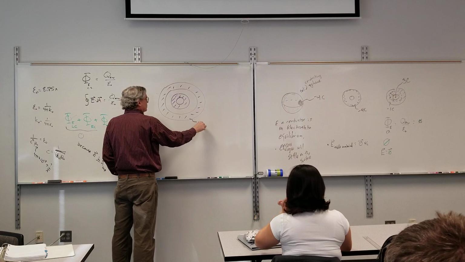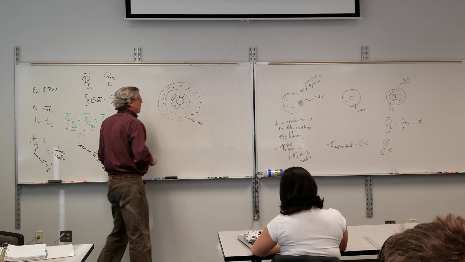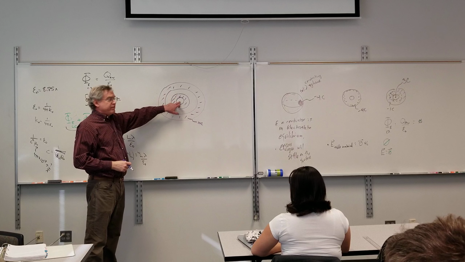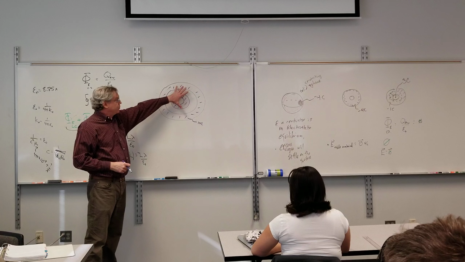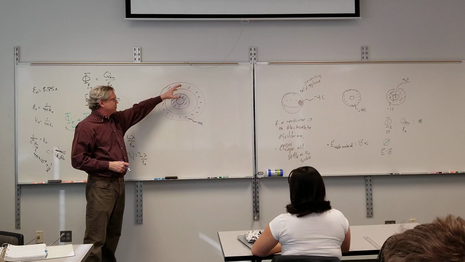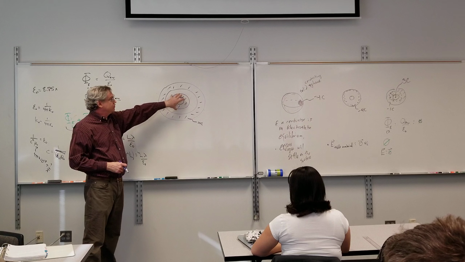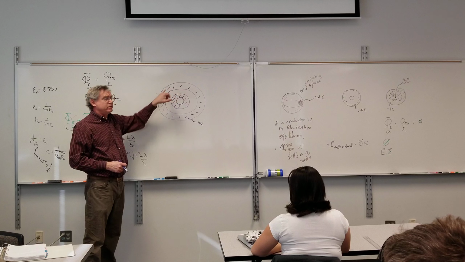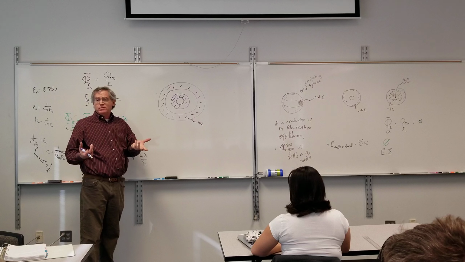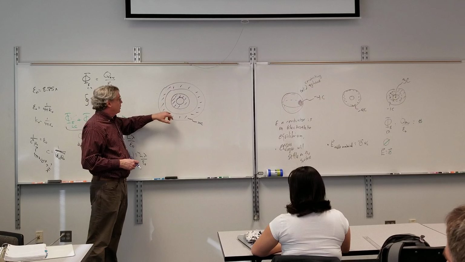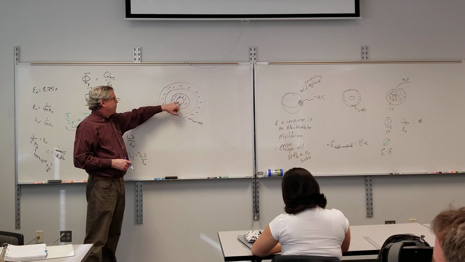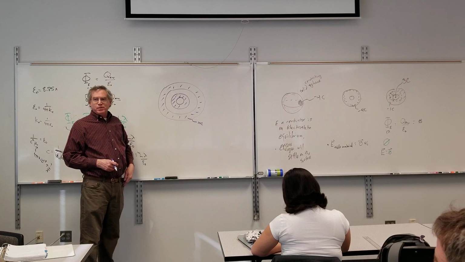So what are we looking at? I've got a sphere with a cavity in it, inside another shell. The dashed lines indicate some solid metallic material, and the blanks represent empty space.